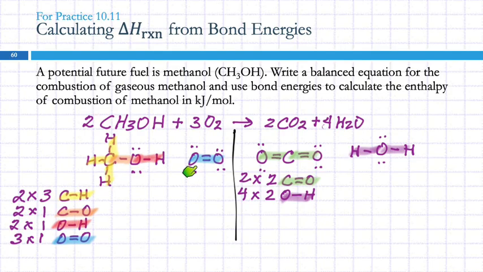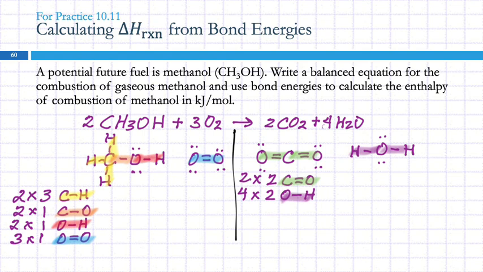So this is a double bond. And we have 2 oxygen atoms, and there is one double bond between them. We're not going to call this 2 single bonds because single bonds have a different energy, and the energy of one double bond is not twice a single bond. So there's just one double bond in here, and then we've got 3 of those, so there's a total of 3.